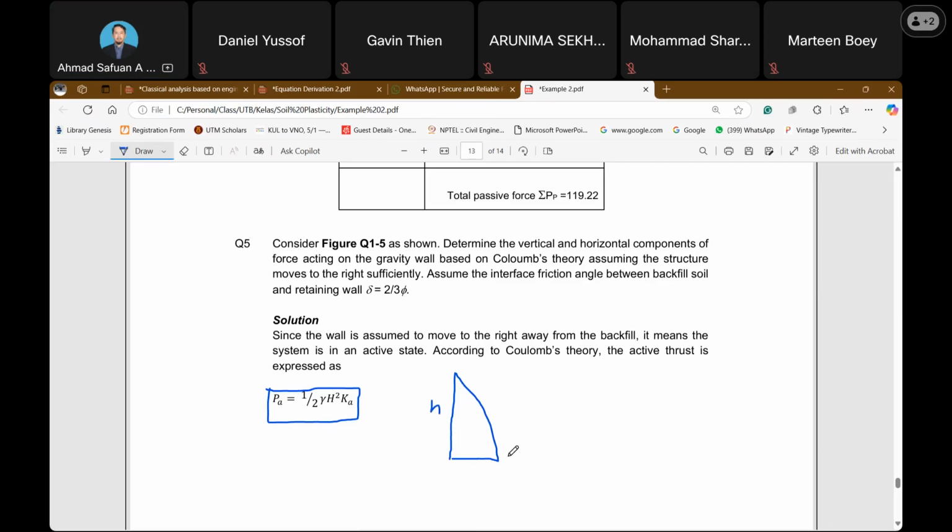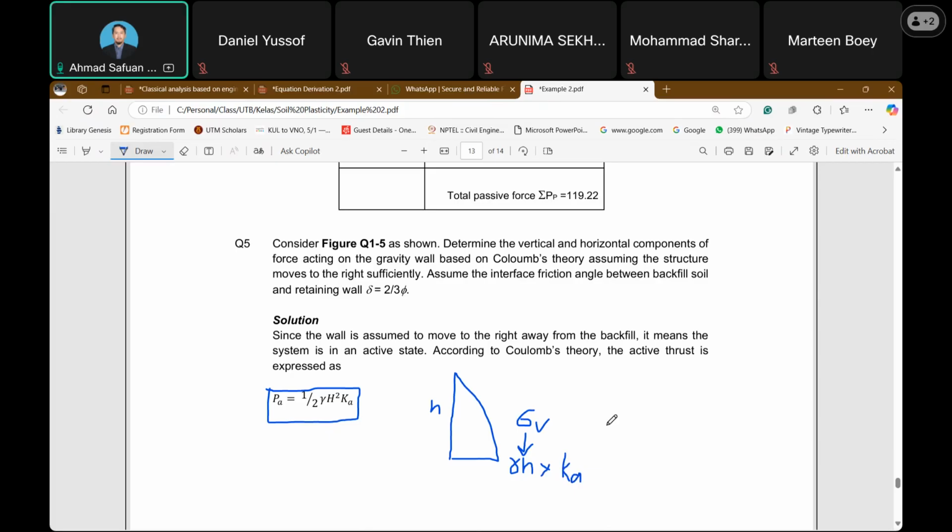The effective horizontal stress, which is gamma times h, represents the vertical effective stress times Ka.